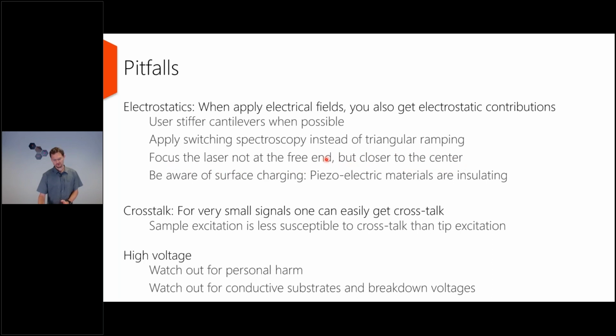At that position, there is a position where the belly movement of the buckling caused by the electrostatics hardly gives any angular change. That means the only angular change that you can measure is caused by the PFM effect. When we put the laser at the right position, we immediately got that 180 degrees and a constant amplitude independent of the polarization.